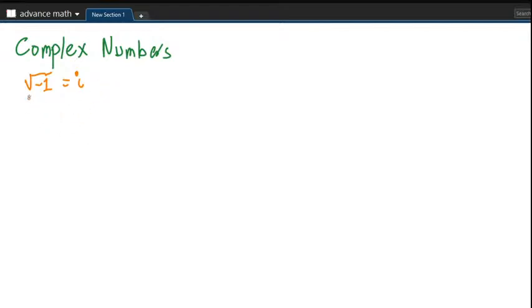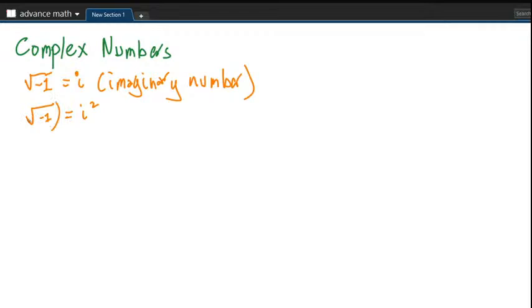Then if we have the square root of -1 equals i, this is now called an imaginary number. Okay. So for example, if we are going to square our i, we will have -1 squared. So our i squared now is equal to -1.